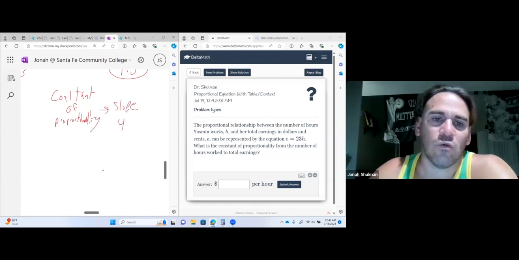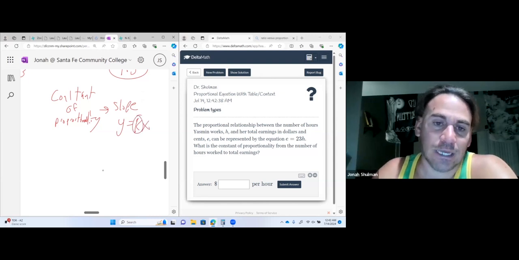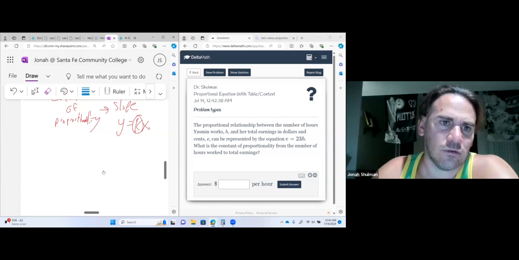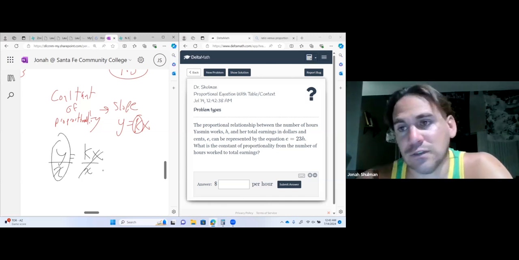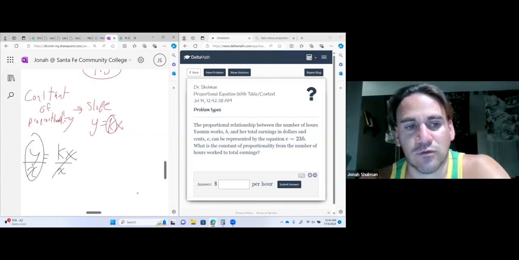You're good. Y equals K times X. To get the K alone, it's always just going to be Y divided by X, and that'll be your constant of proportionality, okay?